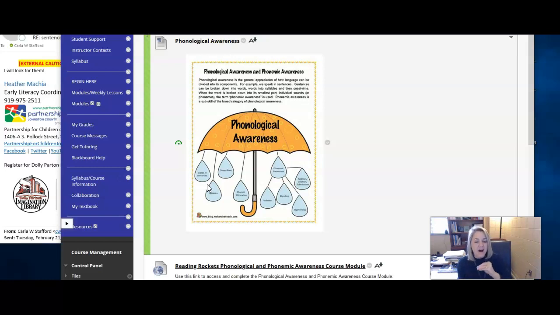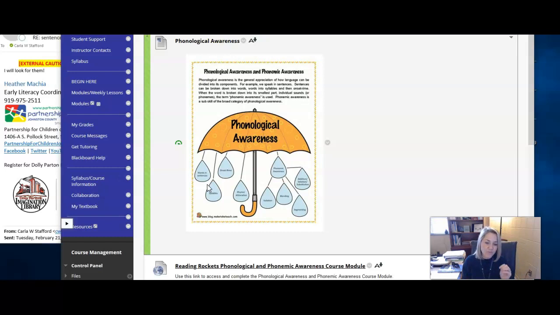So phonemic awareness is more specifically about the very individual sounds in words. You go big: if you say a sentence, the children can hear individual words in the sentence. Then at the syllable stage, they're able to break words down into syllables. My name is Carla. It has 2 syllables in it.